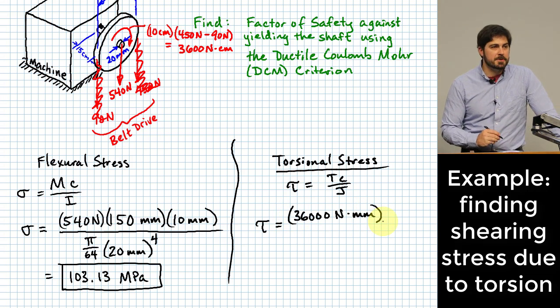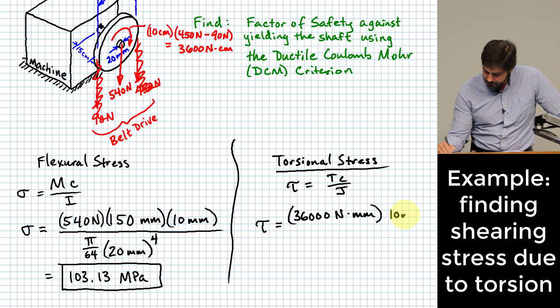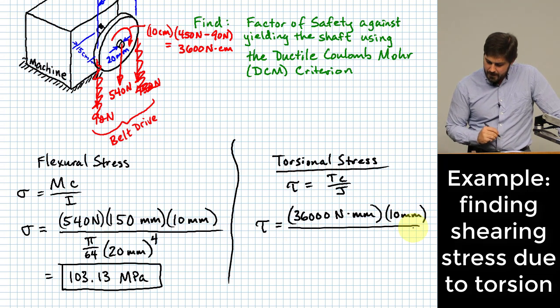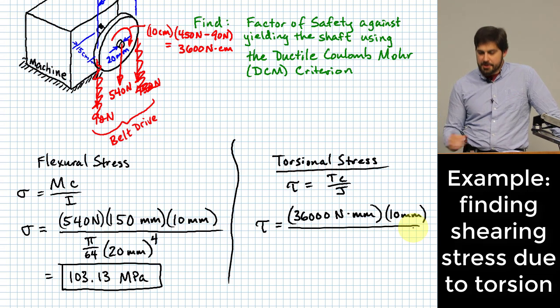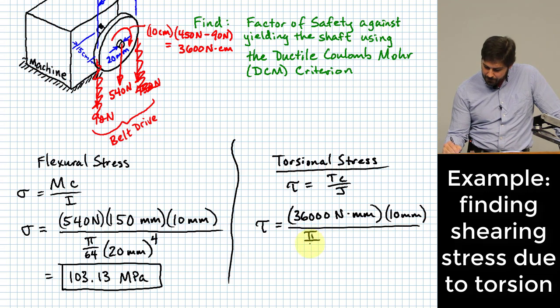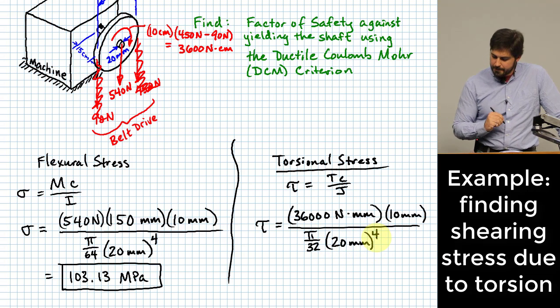Okay. C is the same as it was before. It's the radius of the shaft, which is 10 millimeters. J is the polar second moment of area for the shaft, pi over 32 times the diameter of the shaft to the fourth.